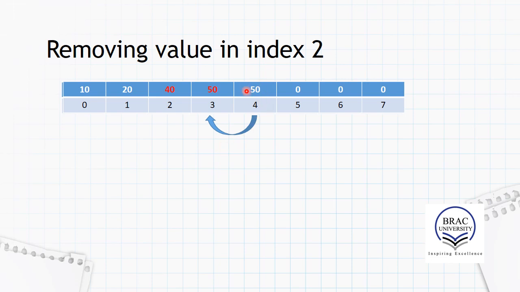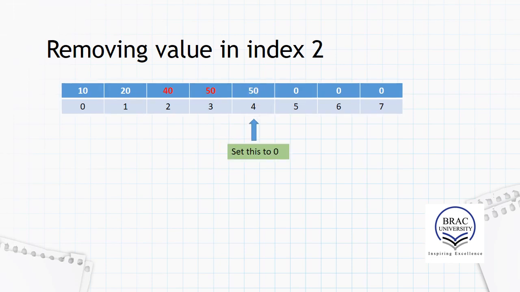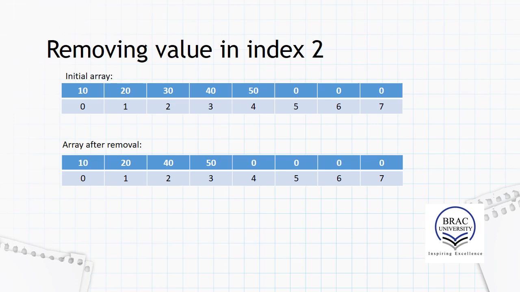And then we should set this value to 0. You guys try on your own to write the method that will remove a value in a particular index. So you pass this array inside the method, and after removal, this is what your array should look like.